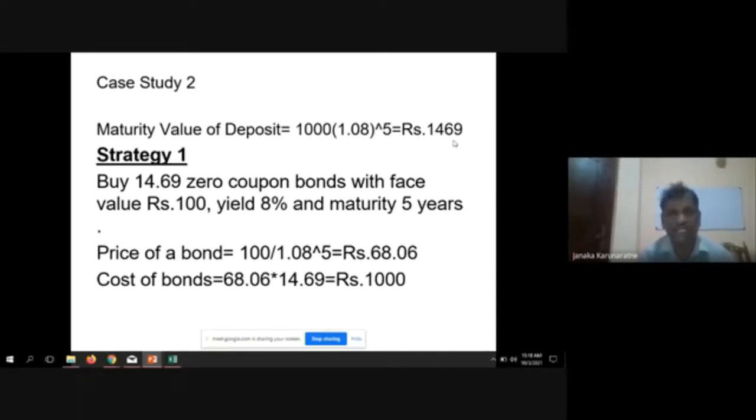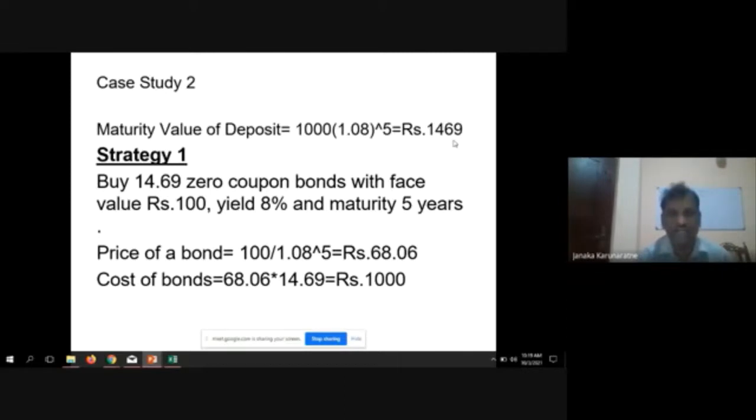That is 1,469. So the first strategy would be a very simple strategy. To match this cash flow exactly, in a very hypothetical scenario, we would have to invest in an asset which will give us 1,469. Theoretically, the question says there are bonds with face value 100.